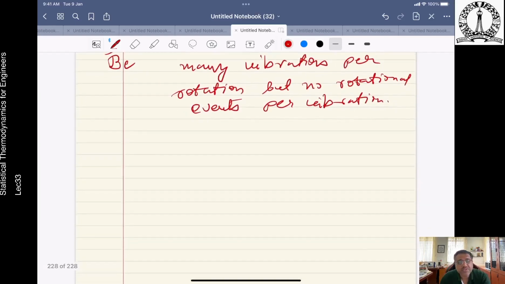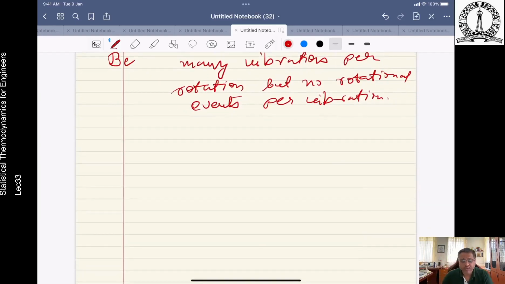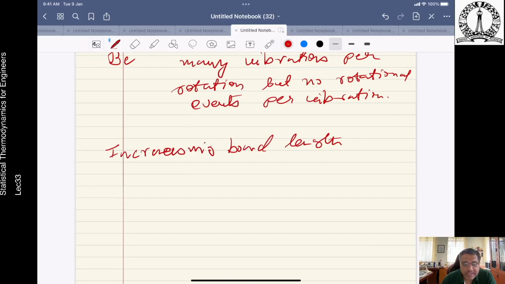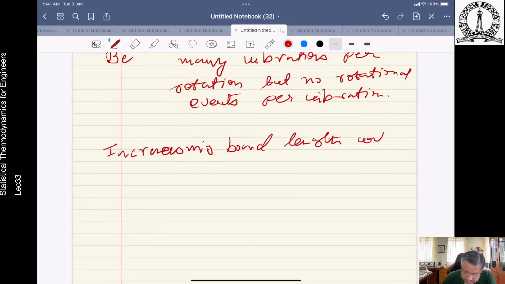So just to write it, if you look at the Morse potential, you will see that increasing bond length leads with rising vibrational quantum numbers.